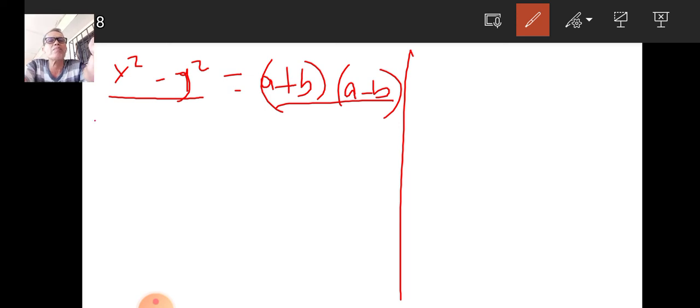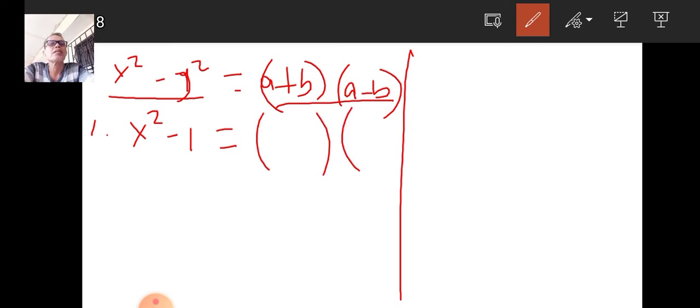So for example, if you have x squared minus 1, since x squared is a perfect square and 1 is also a perfect square, take the square root of x squared.